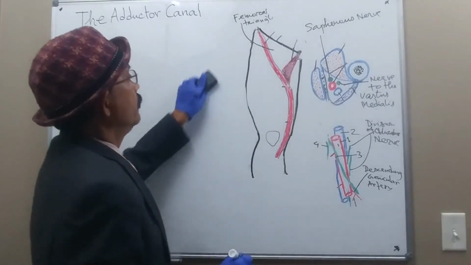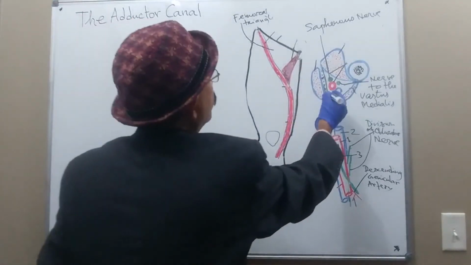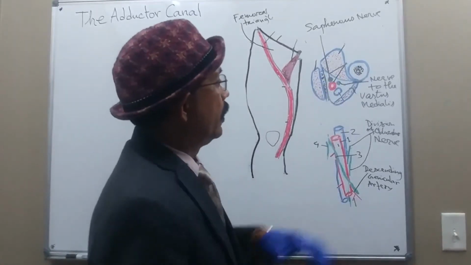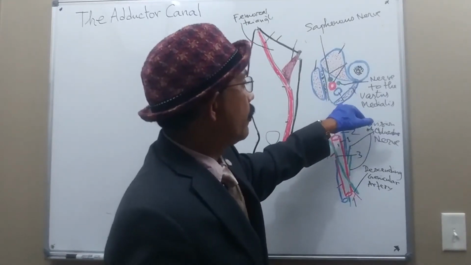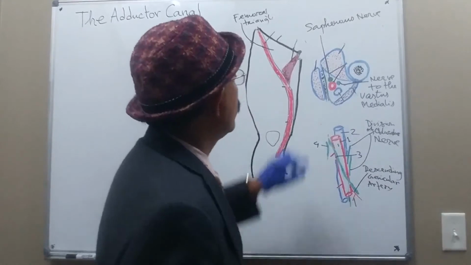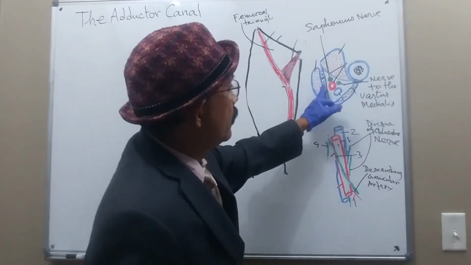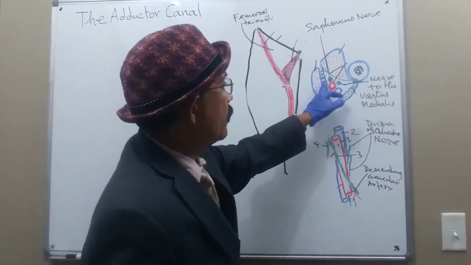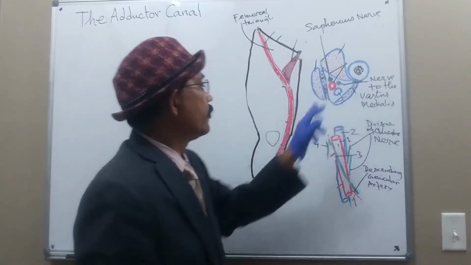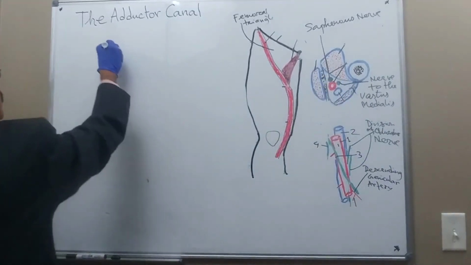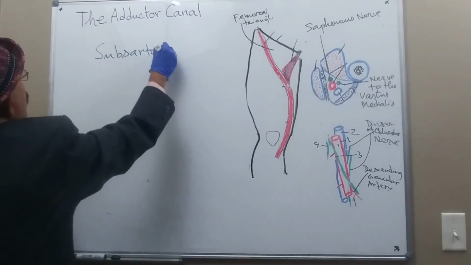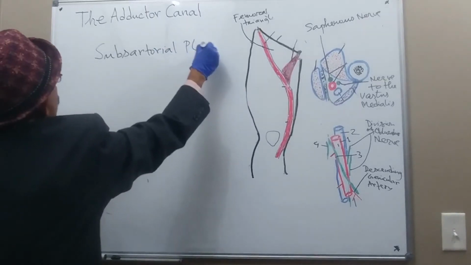Then we have to know the subsartorial plexus. We have a plexus here between the sartorius and the aponeurotic connection between the adductor longus and adductor magnus to the vastus medialis muscle. This is the gap between the aponeurosis and the sartorius. This aponeurosis is overlapped by the sartorius, and we have the subsartorial plexus.